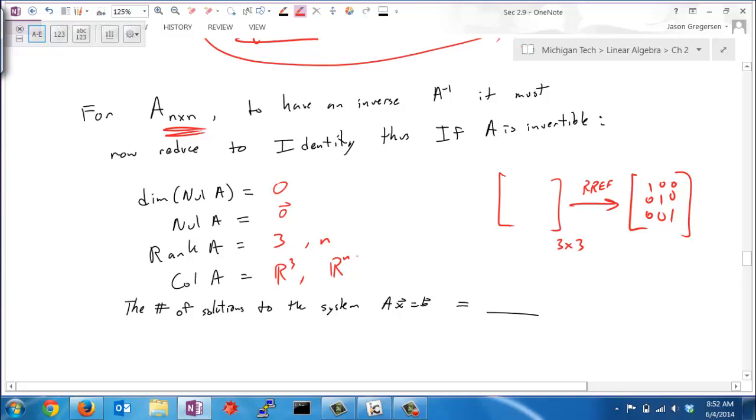Once again, because all these things are interconnected. If it's invertible, it's 1-to-1 and onto. If it's onto, it's spanning the space. If it's spanning the space, then the column space is not just a subspace of R3, but it is all of R3. All these things are interconnected here. Okay.